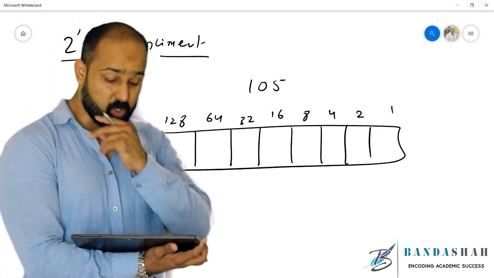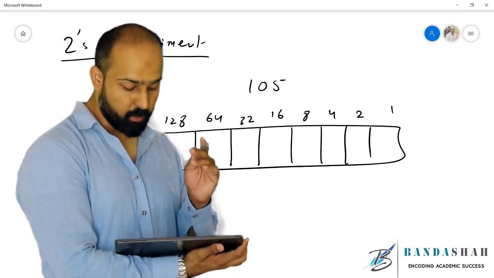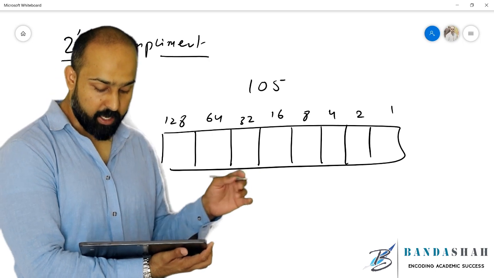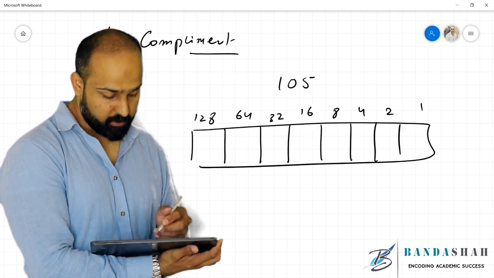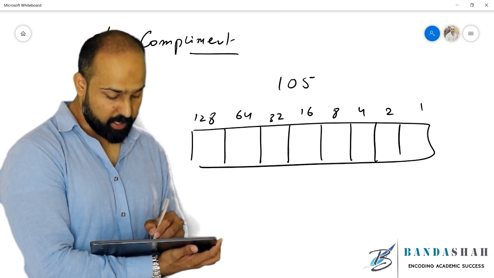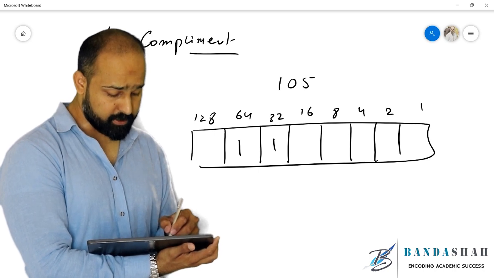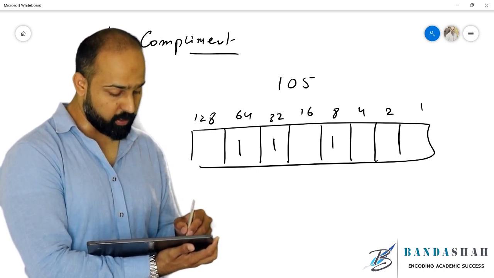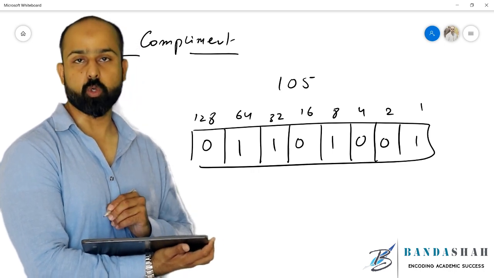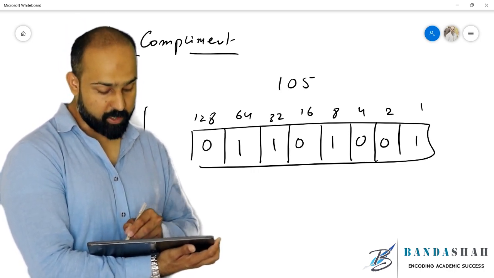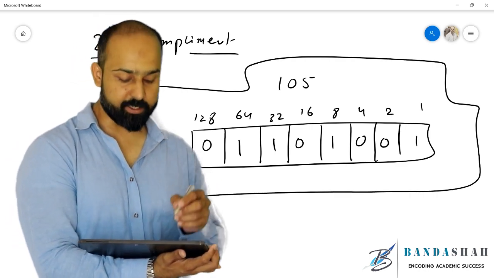If you need to convert it, you can simply do it like this: 64 and 32 makes 96, 96 and 8 makes 104, and there you go. This is your 105. So if you have an 8-bit register, you can store your 105 like this.